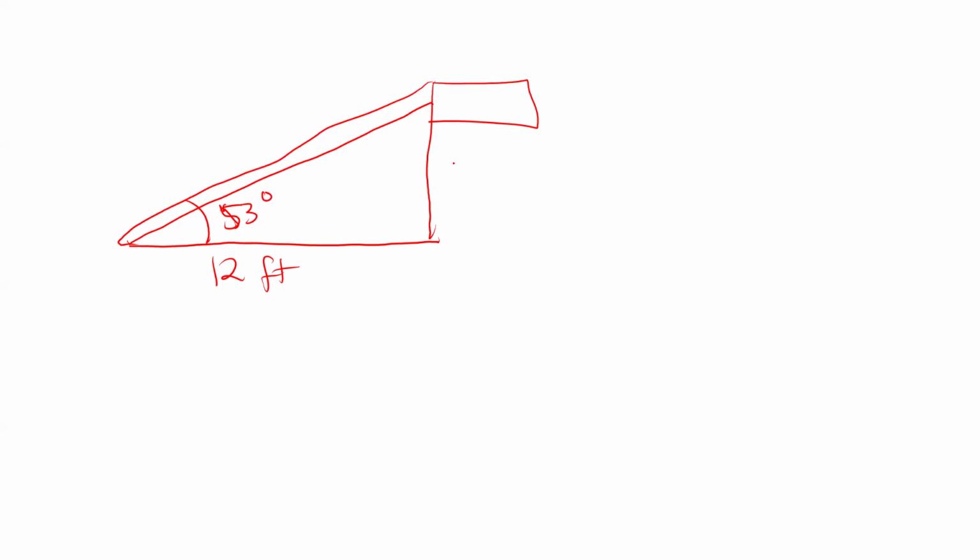So the question is, how tall is the flagpole? With respect to this angle, we are required the opposite side and we are given the adjacent side. Is it correct? Very good.